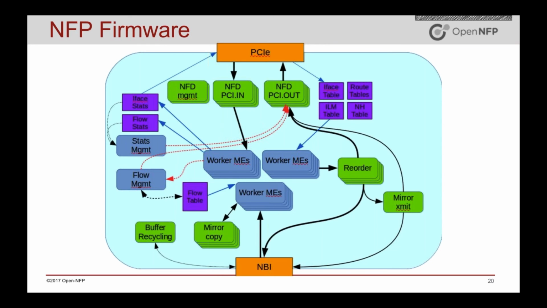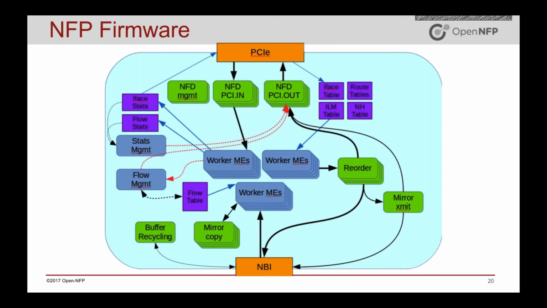In order to make these MEs operate as fast as possible, another pitfall of parallelism is locking and lock contention. So we made these workers completely lockless. They all have read-only access to almost all the data structures in the system, except for statistics, which obviously require write access.